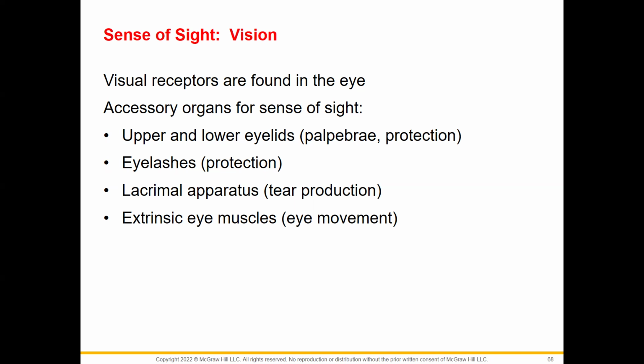Your eyelashes are attached to the palpebrae, to protect your eyes from things falling in it. You have the lacrimal apparatus, that is what produces tears. And then you have the extrinsic eye muscles. These are the muscles that move the eyeball.